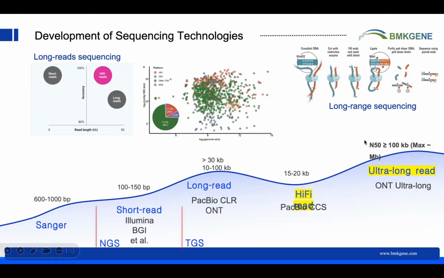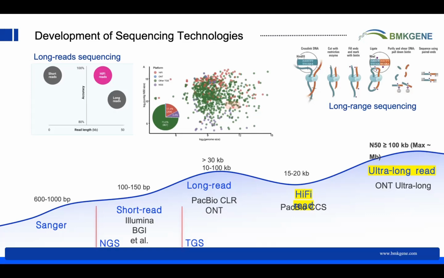And this is a very new technology, ONT ultra-long reads. The N50 value of the sequencing reads could reach more than 100 kilobases, and the max read length could reach more than megabases.